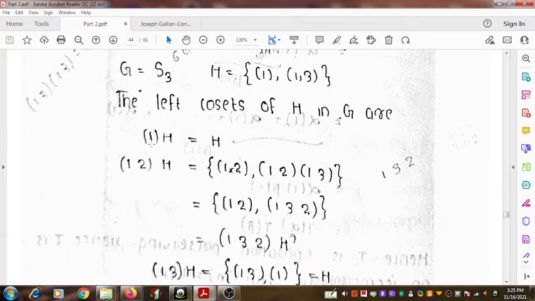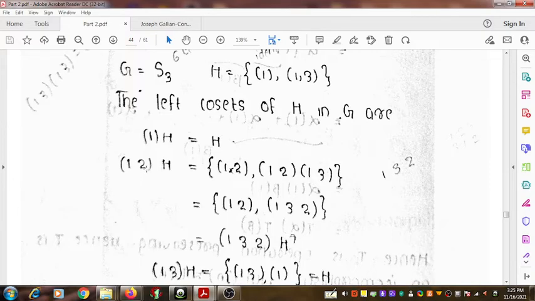And next we take the next element, that's (1 2), the cyclic permutation (1 2). In the second row, 1 has 2, 2 has 1, and in the third element, 3 is fixed. So 3 to 3. Therefore, in the complete form of this permutation, it is 1 2, 2 1 and 3 3.